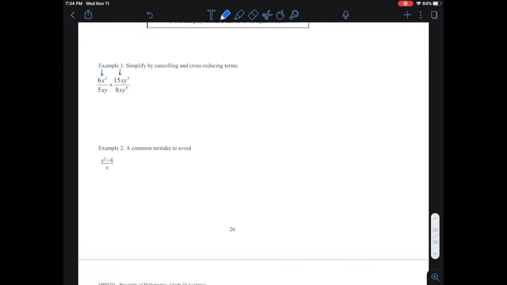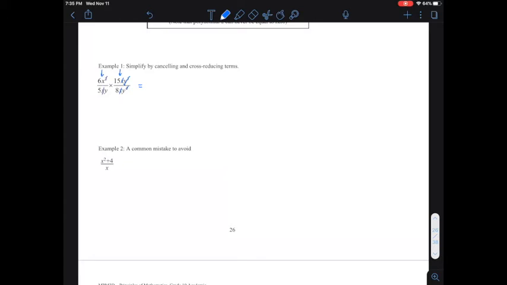I have a fraction multiplied by a fraction, and I'm going to simplify this by canceling and cross-reducing terms. Canceling refers to when I cancel within a term. I can see that the x variables cancel out there. I can also see that there are 3 y's in the numerator and 4 y's in the denominator, so that just becomes 1y.